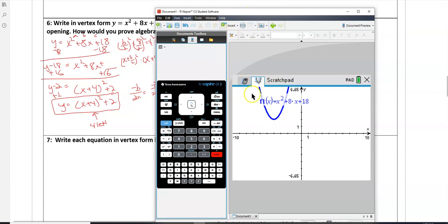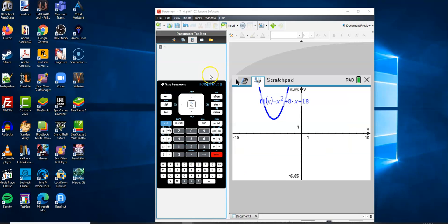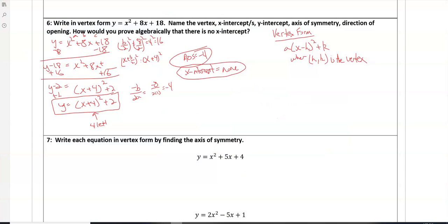Which direction does it open? It opens up, right? It's going up. So it opens up the graph. The y-intercept would be when x equals 0. So let's find it over here.